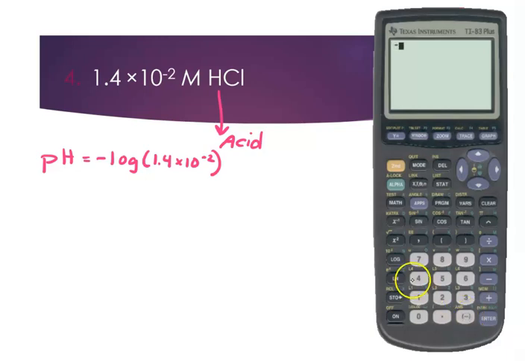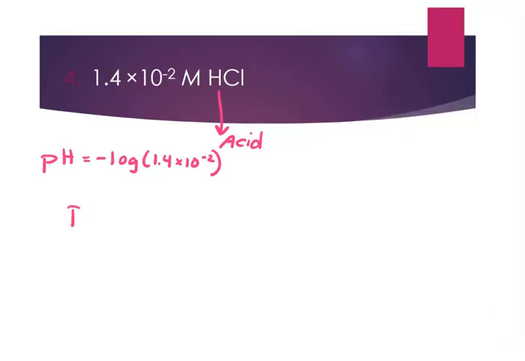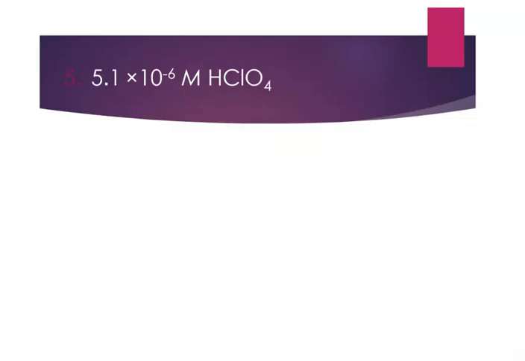So when we put that into the calculator, we'll do negative log, the parentheses are already there. 1.4 times 10 to the negative second, close parentheses, and we get 1.85, which I'm going to round to 1.9. So my pH is equal to 1.9. Excellent. All right, let's do another one.